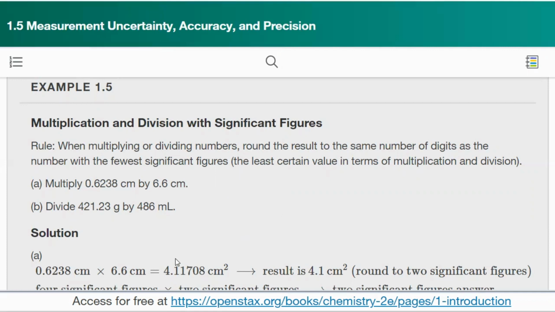Round the result, and that's the result, to the same number of digits as, actually the wording is a little bit weak. Same number of digits. It should say round the result to the same number of significant figures as the number with the fewest significant figures.